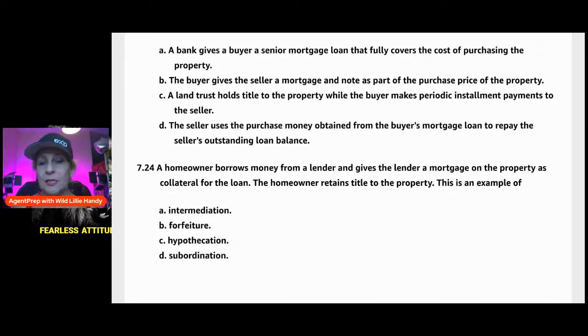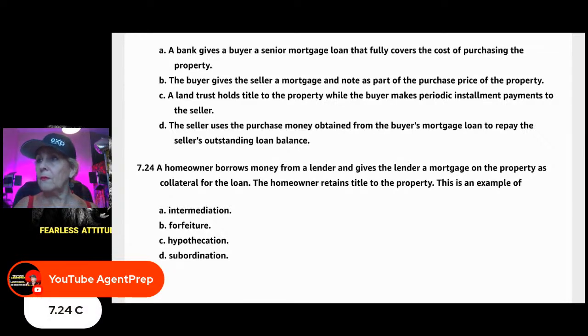And that trustee is the person that the beneficiary, who is the lender, entrusts to follow the instructions of the deed of trust if and when a borrower goes into default. So hypothecation is the process of agreeing to use an asset as collateral in exchange for a loan. That is hypothecation.